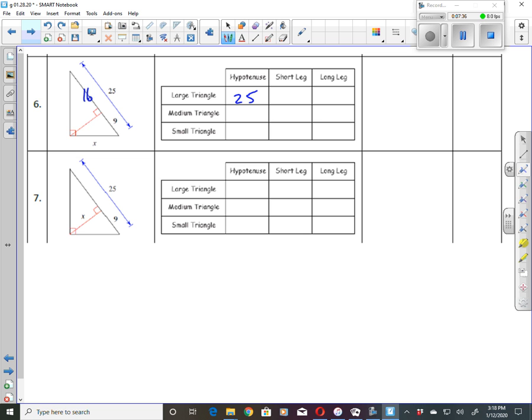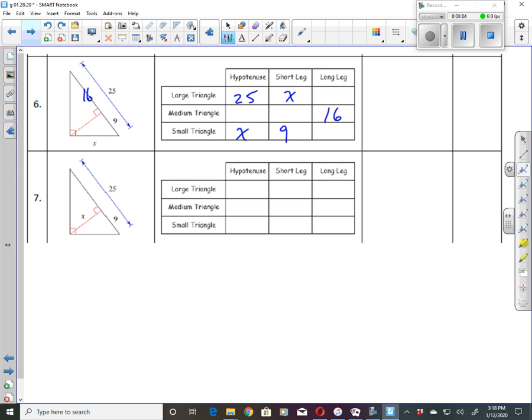X in the big triangle is the small leg, so that's x. The medium triangle, all we know is the long leg to be 16. In the small triangle, we know the hypotenuse to be x and the small leg to be 9.